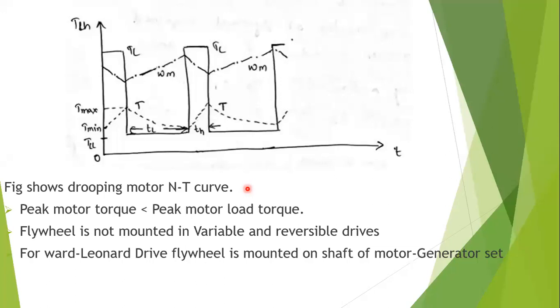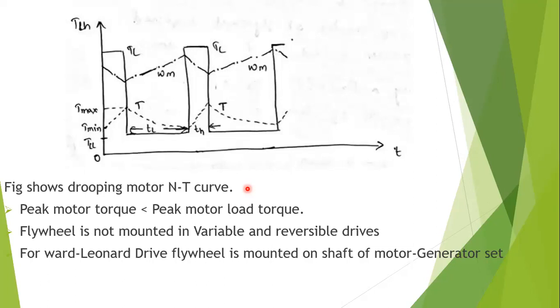From these observations, what is the definition of load equalization? Power drawn from the source fluctuates very little. As the power drawn from the source fluctuates very little, this is called load equalization. These load fluctuations can be overcome by mounting a flywheel on the motor shaft.